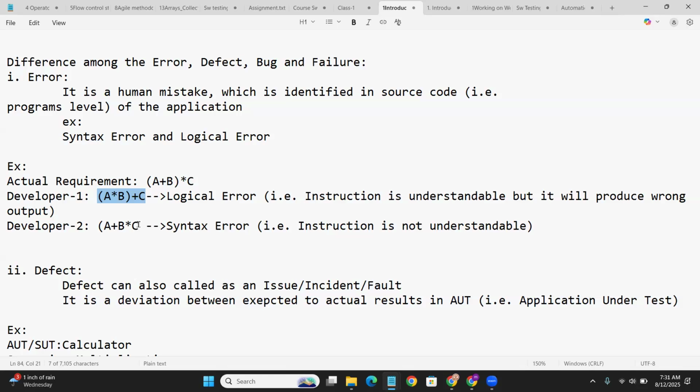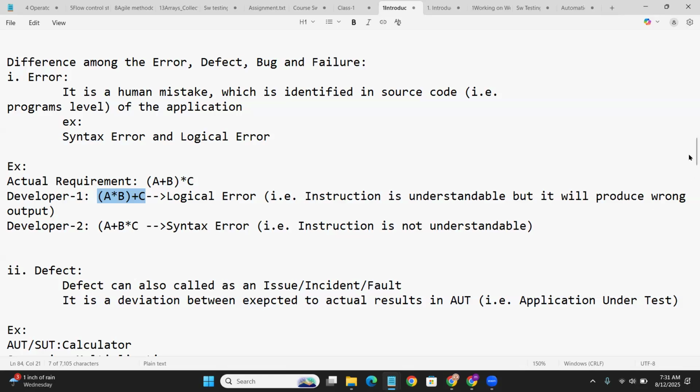AUT means application under test, where the application is already developed and given for testing.